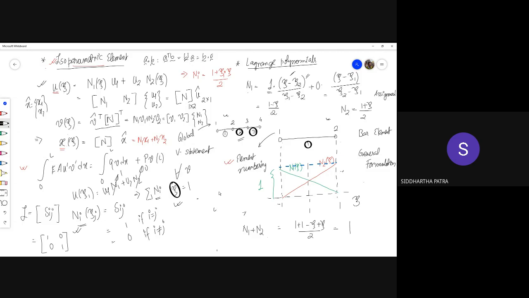The thing is, let's say for some reason you have u1 equals u2 equals u star, then your u would be u star times N1 plus N2. Now this N1 plus N2 is still a function of xi. You see N1 is a function of xi and N2 is a function of xi.